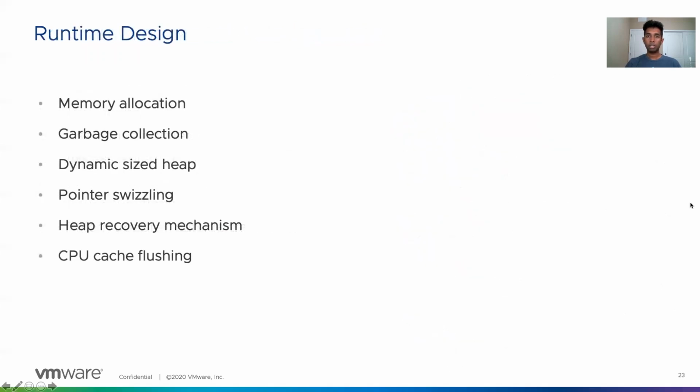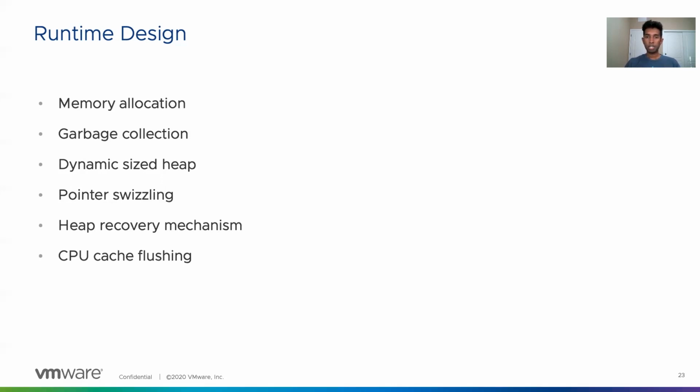Now I'll talk about the runtime design that provides the building blocks upon which the features of GoPmem are based. First, GoPmem provides a pmem heap and enables memory allocation and garbage collection on the pmem heap. The pmem heap is dynamically sized. Applications start with a small heap that is expanded on demand.